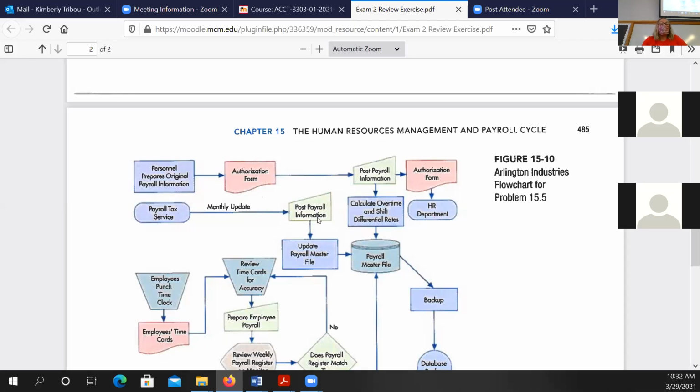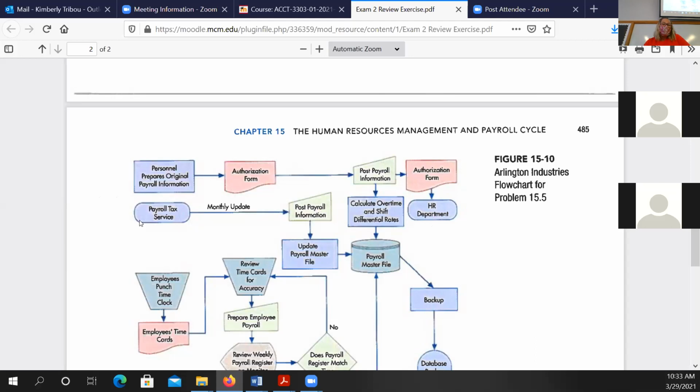What are we doing with the payroll tax information? Yep, one of the steps in the process that we talked about for the payroll process was making sure that all of the withholding information is correct. And that's what we're doing here.